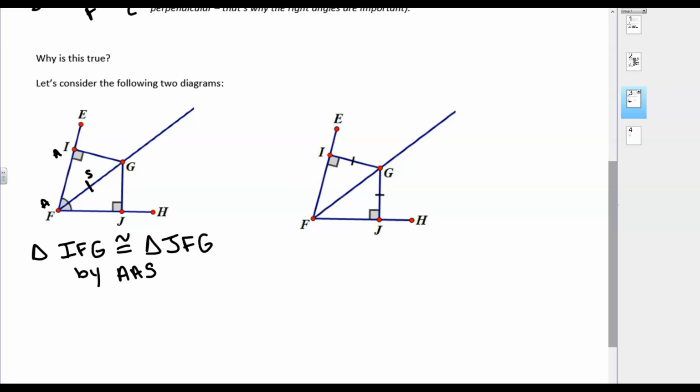Because they're congruent triangles, I can then say that GI is congruent to GJ by CPCTC.